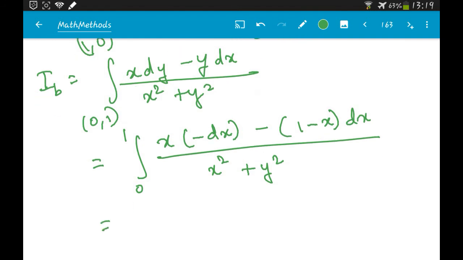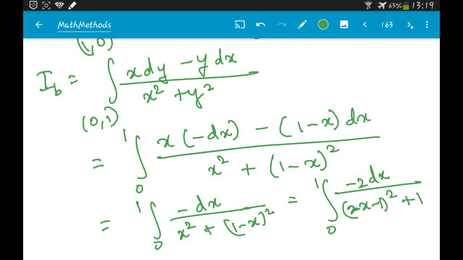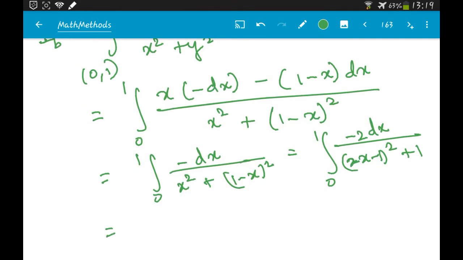So similarly you will get the integral from 0 to 1 of minus dx by, so instead of y we need to put 1 minus x, right? 1 minus x whole square. So we will get x square plus 1 minus x whole square, which we can write as minus 2 dx by 2x minus 1 whole square plus 1, which is minus tan inverse of 2x minus 1 from 0 to 1.